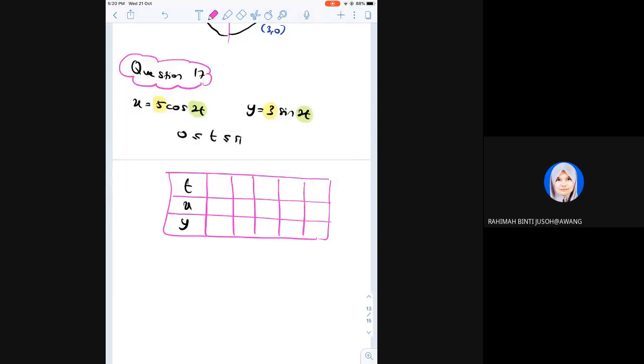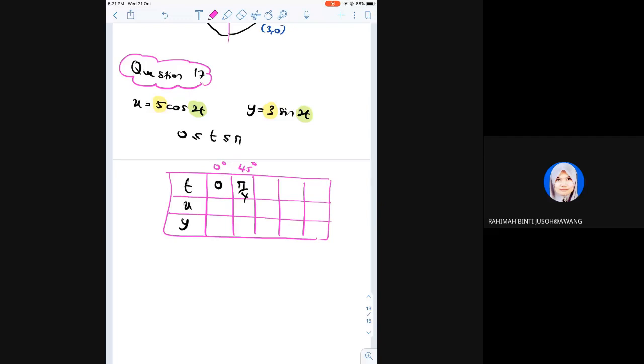So, kalau kat sini kosong ni starting kosong lah. Kalau tadi pi over 2 kan, tapi dalam kes ni kita kecilkan lagi jadi pi over 4. Potong separuh, sebab dia 2t tu. Okay. So, di sini kosong darjah, kat sini 45 darjah. Kalau tadi 90 darjah kan? Bila ada 2t, kita kena separuhkan dia. Jadi 45 darjah. Understand?